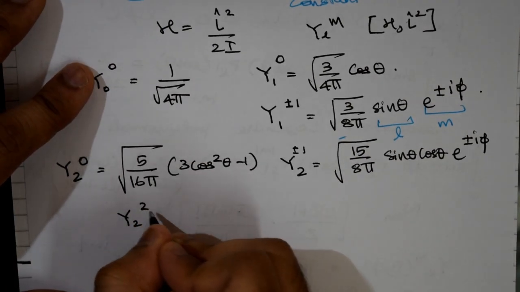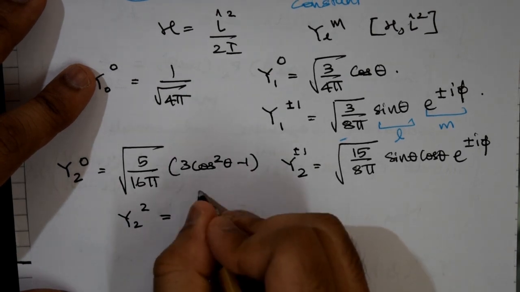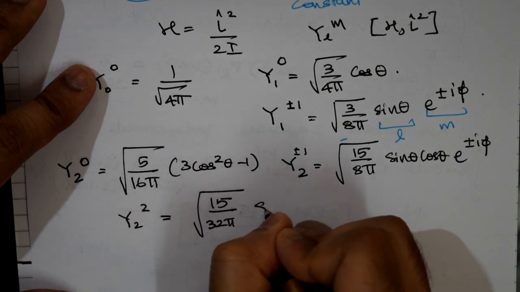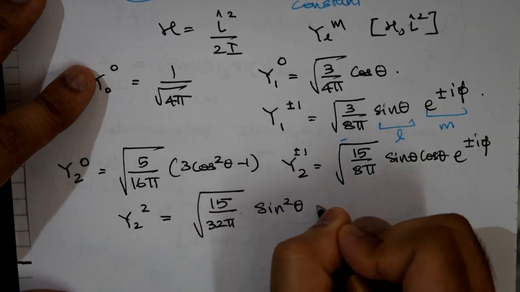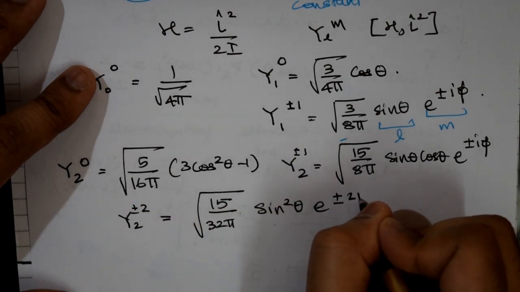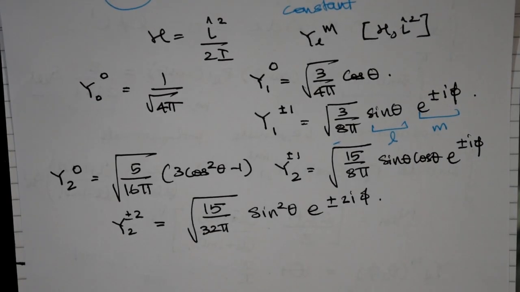Y2 plus minus 2 is going to be given by square root of 15 by 32 pi sine square theta e power plus minus 2i phi.